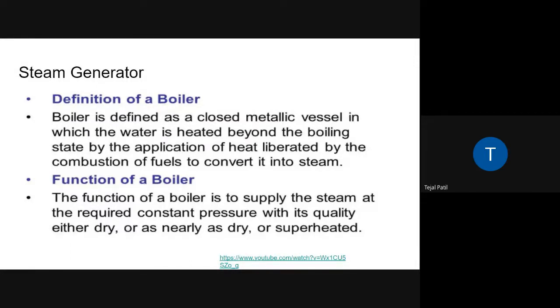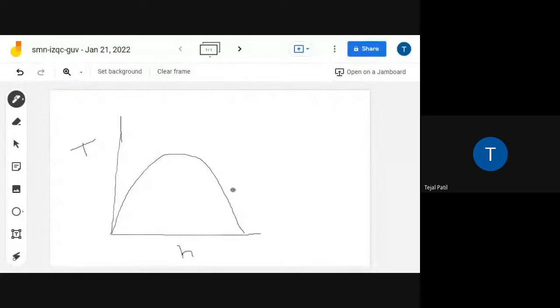Okay. So now, see here, I have drawn a graph of temperature versus the enthalpy, or you can say heat. Okay. Let's say you have a closed vessel with water inside it, and the water has now reached 100 degrees Celsius. When it has reached 100 degrees Celsius, will the water completely get converted into steam suddenly?